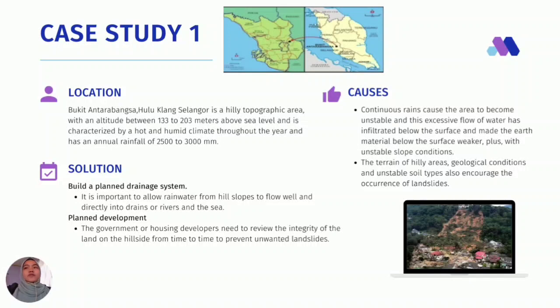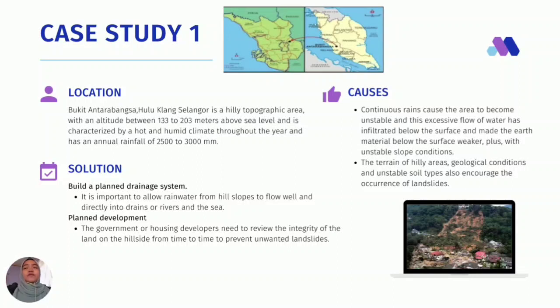The occurrence of slope failure at this location is due to continuous rain that caused the area to become unstable. This excessive flow of water infiltrated below the surface and made the earth material below the surface weaker, plus the unstable slope condition. And the second one, the terrain of hilly areas, geological condition and unstable soil type also encourage the occurrence of landslides.